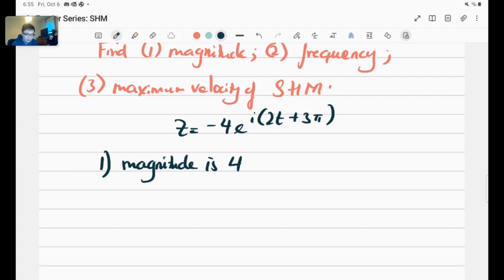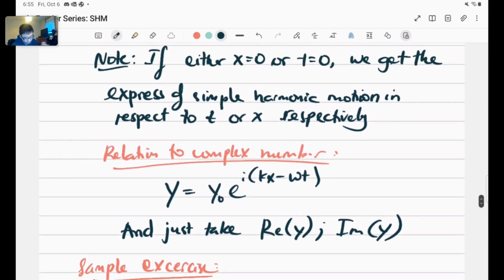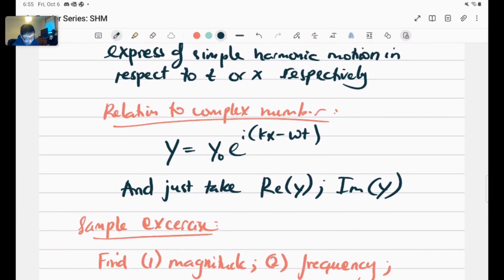Now the second thing is we have to find the frequency. If I scroll back up here, remember that if you pick x or t equal to 0, you get back the simple harmonic motion with only one variable.